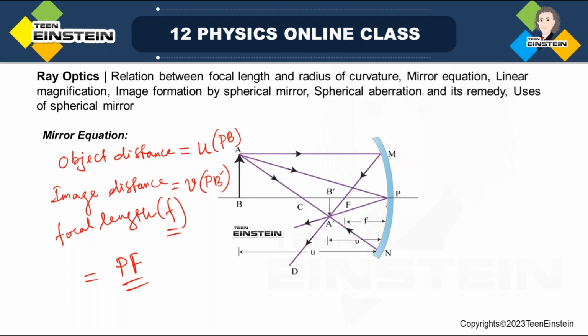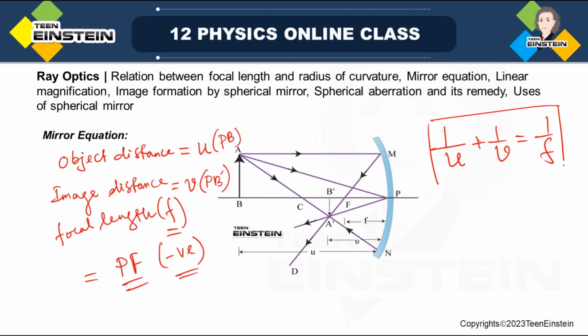This is also negative in this case, since it is measured leftwards, in the negative x-axis direction. So the mirror equation is 1 by u plus 1 by v equals 1 by f. We will derive this equation in the next class, and see how it comes.